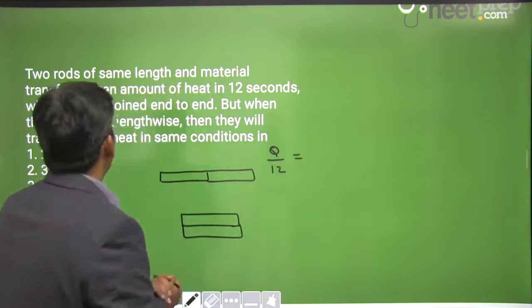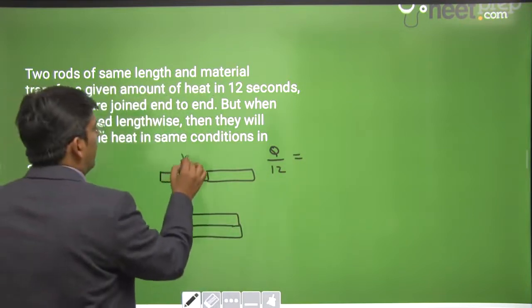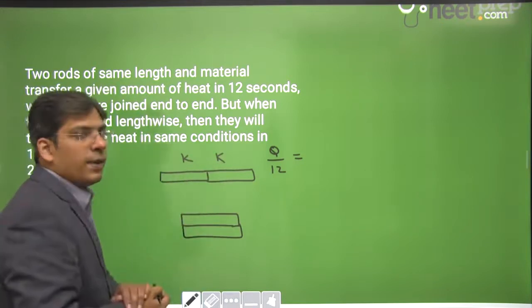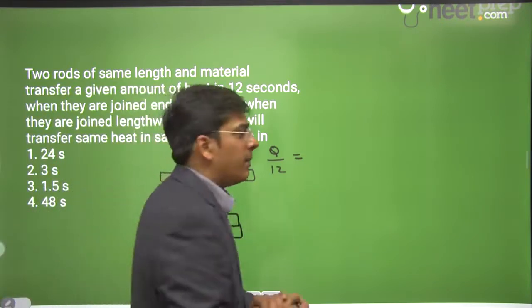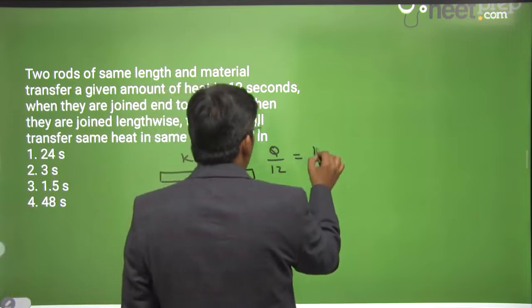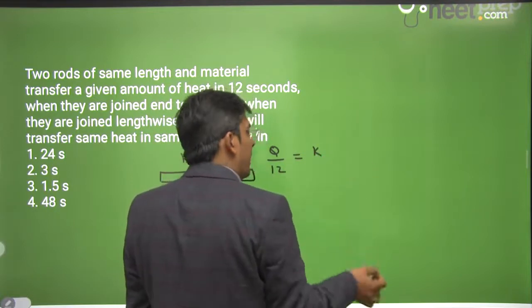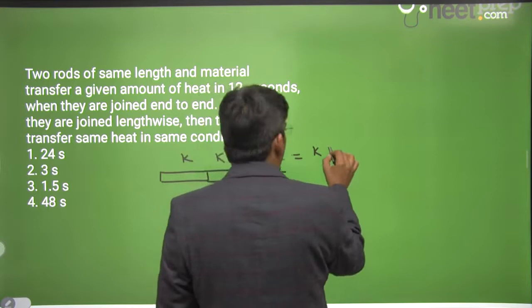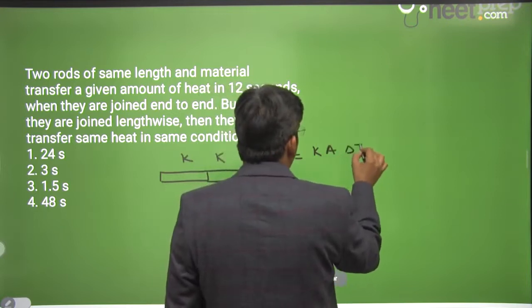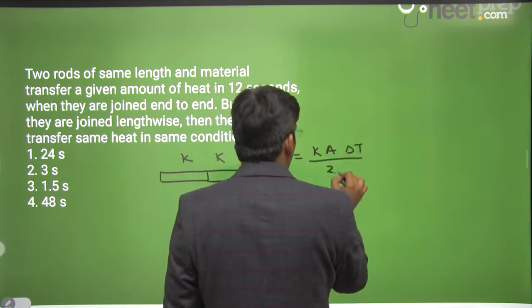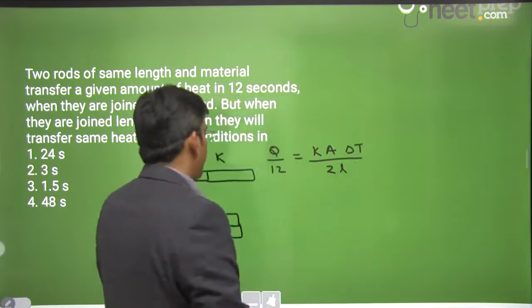See, in series combination, effective value of K is 2K1 K2 divided by K1 plus K2. So it is K only. K, area, temperature difference divided by length is going to be 2L, I suppose. Yes.